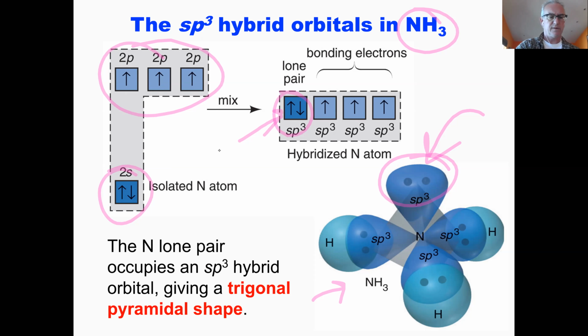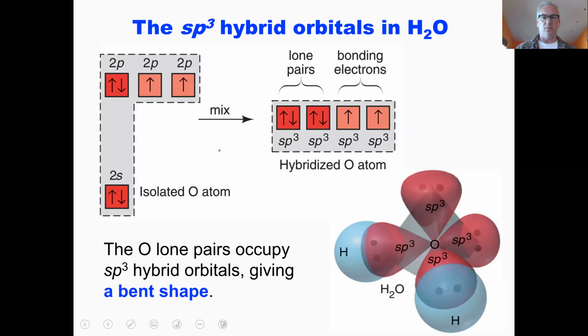And then we looked at water. Same consideration. The oxygen is the central atom this time. It has 6 valence electrons, but it only has 4 regions of electron density. So if it's got 4 regions of electron density, sp3. That's one of the things you really need to remember.